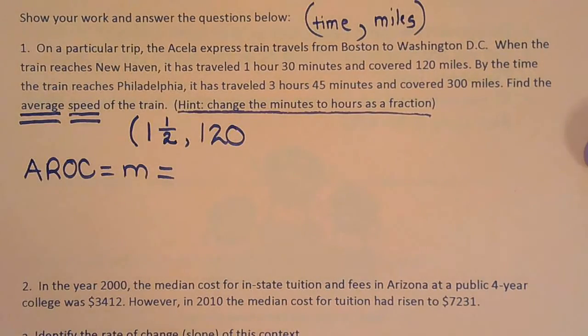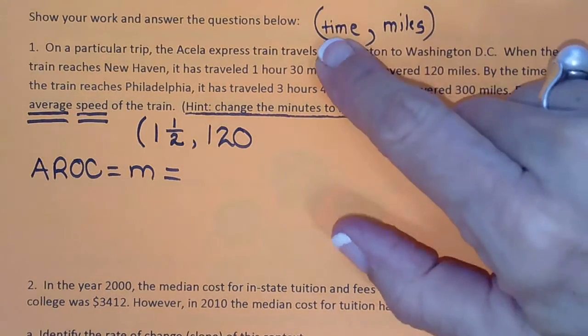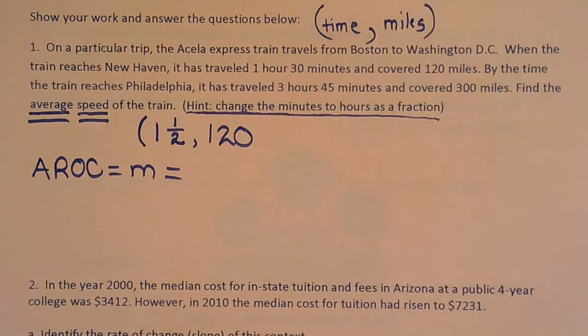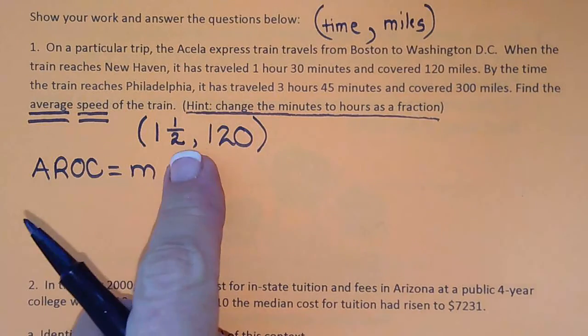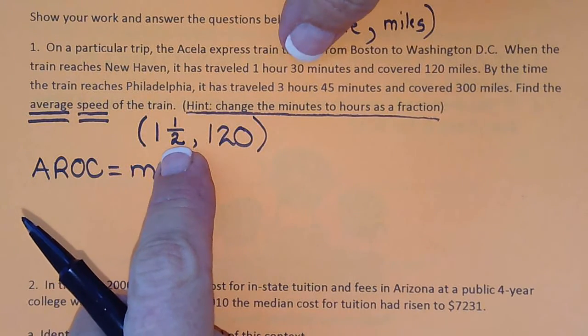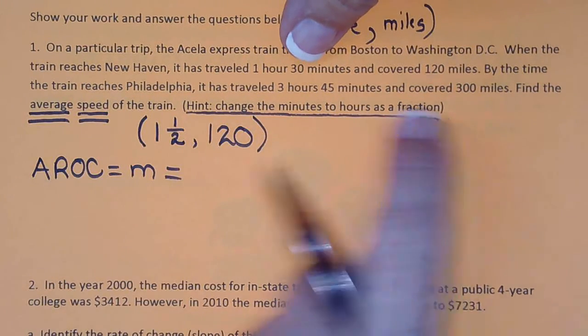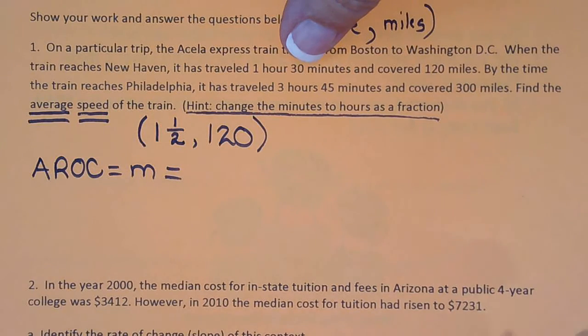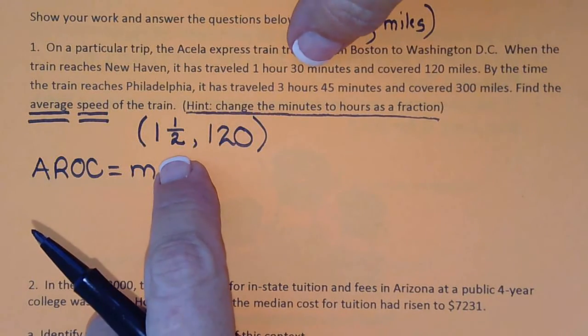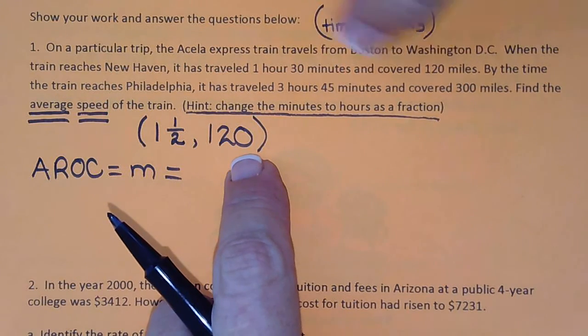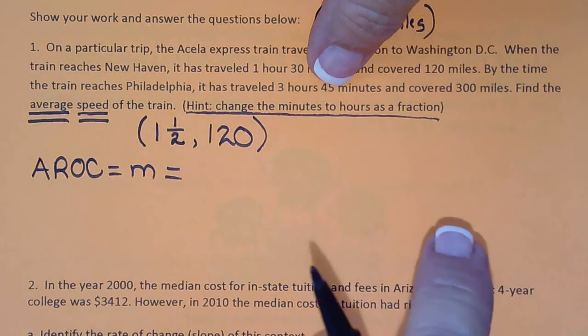So as we learned on the very first day, time is almost always our x. So if I have a choice, I always make it my x. So 1.5 hours, and there's really no problem with making it 1.5. It just says write it as a fraction, so I did. So 1 1/2 hours, 120 miles, 3 hours and 45 minutes.